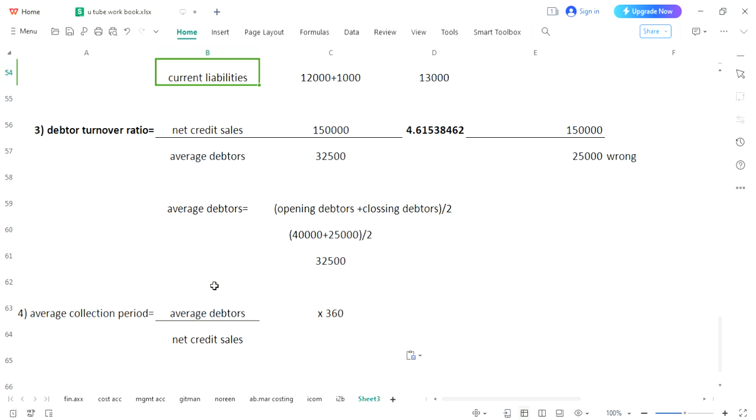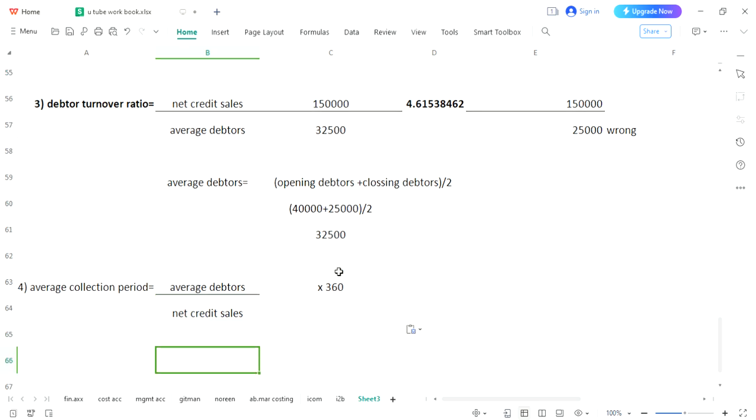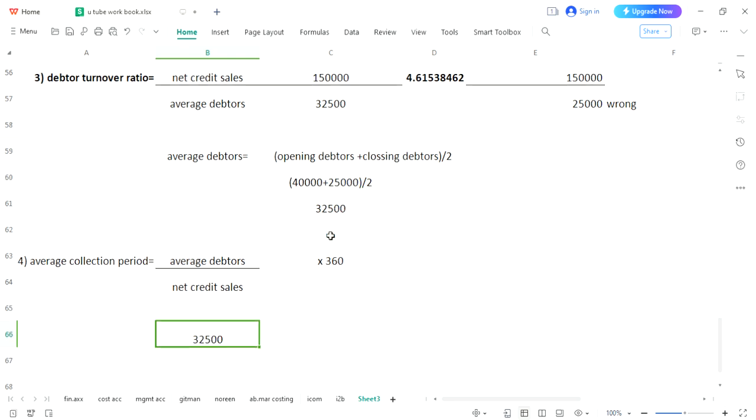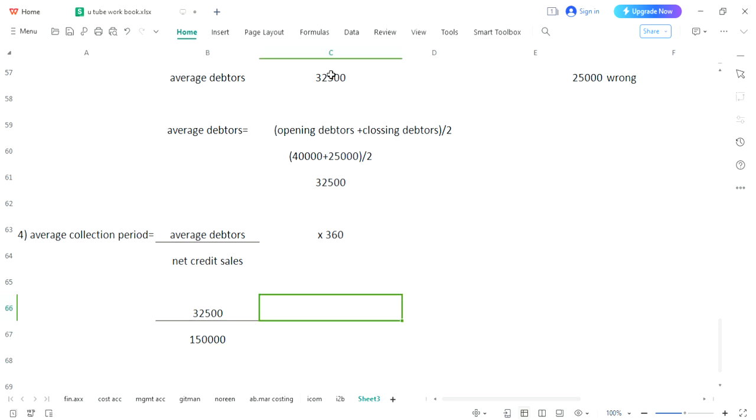Average debtors in the previous part 3 has already been calculated, that is 32,500. So just put 32,500, then divide it by sales, which in the previous formula we saw is 150,000, and multiply it by 360.